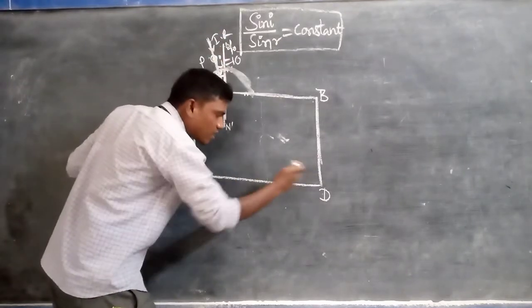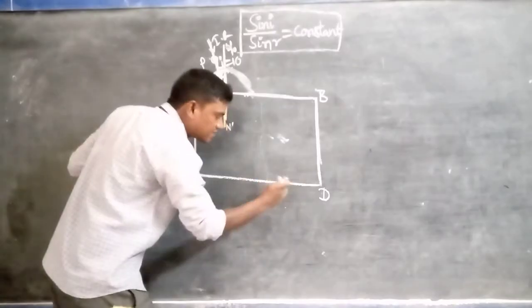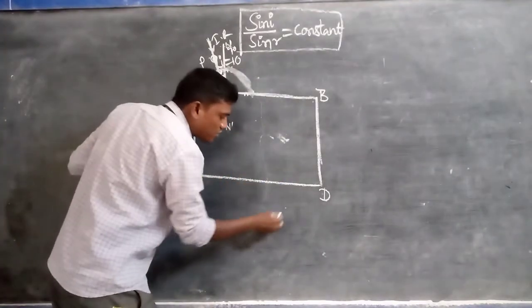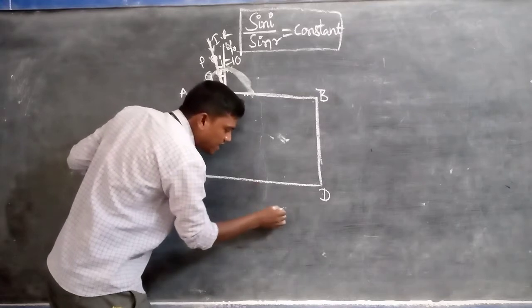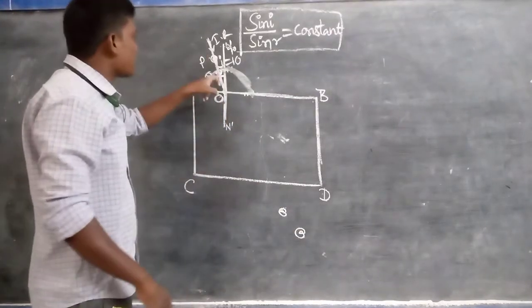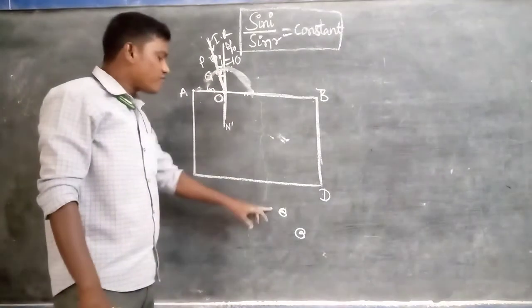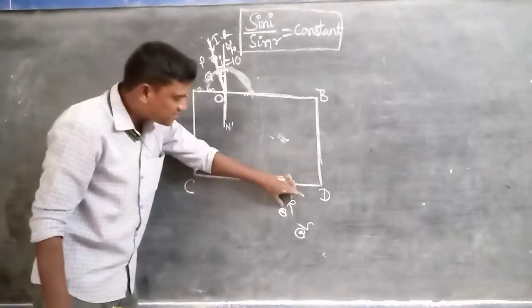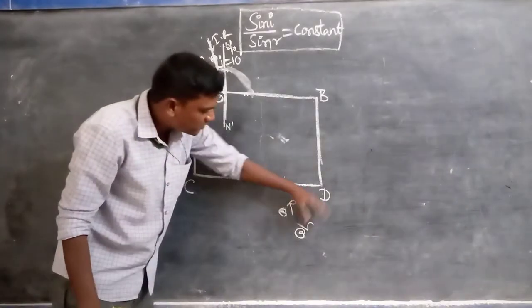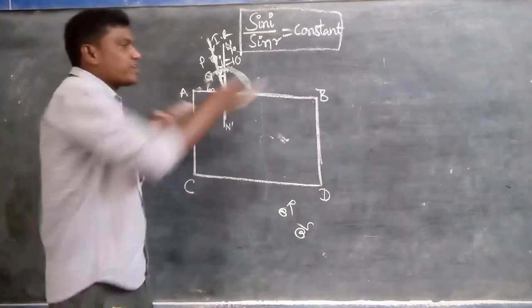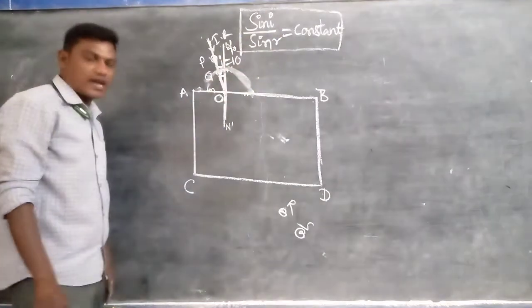Now after coming to the other side of the glass slab, the CD side, we take two pins. We fix the two pins, R and S, on the side of CD along the straight line of PQ. Now we observe whether all the pins appear in a straight line or not.